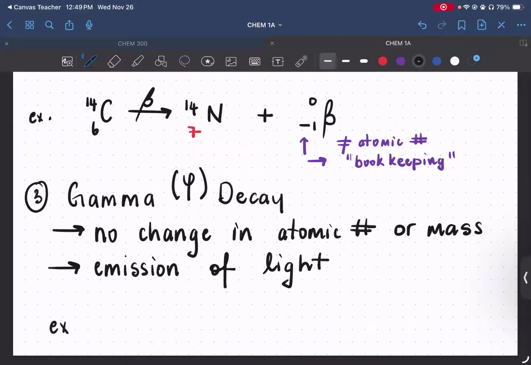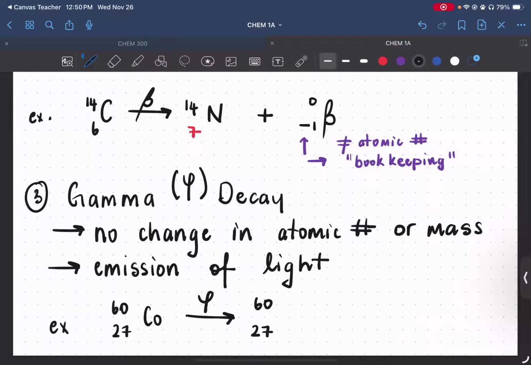An example of gamma decay. We have cobalt. We draw the gamma symbol over the arrow to make it clear this is gamma decay. There is no change in mass or atomic number.